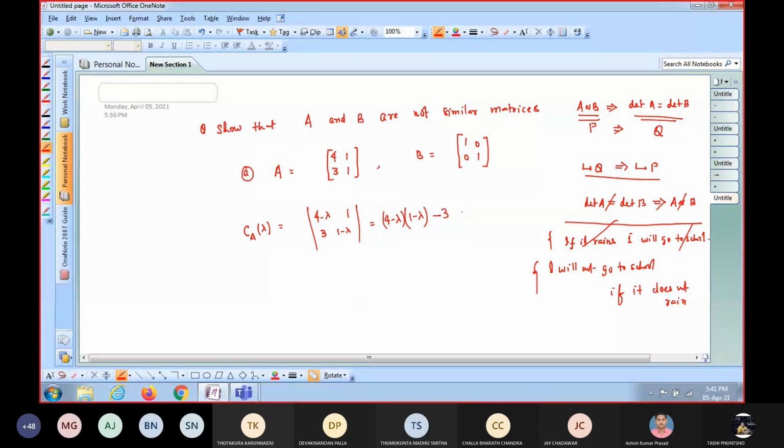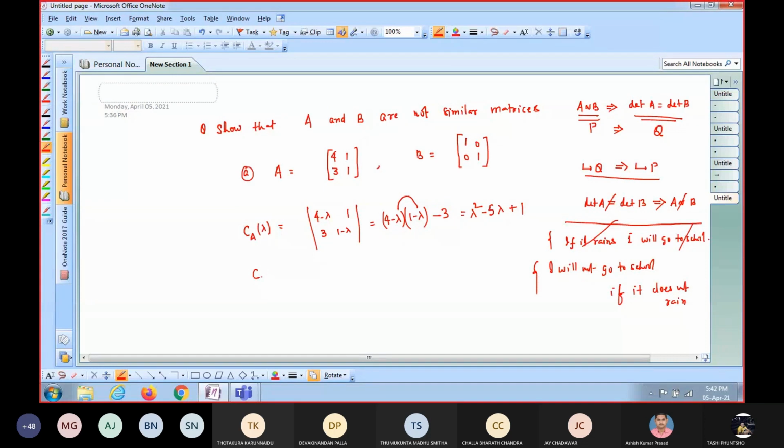So this is lambda square, minus 4 lambda minus 1 lambda, minus 5 lambda, 4 into 1, 4 minus 3, that is 1. So this is the characteristic polynomial of A.